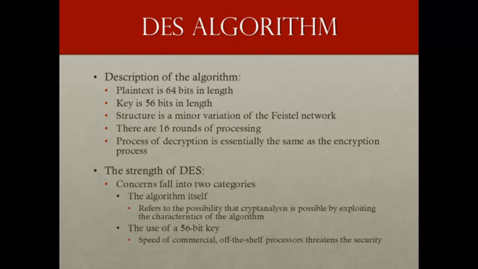With current technology, it is not even necessary to use special purpose-built hardware. Rather, the speed of commercial off-the-shelf processors threaten the security of DES. A paper from Seagate Technology suggests that a rate of 1 billion key combinations per second is reasonable for today's multi-core computers. Recent offerings confirm this.